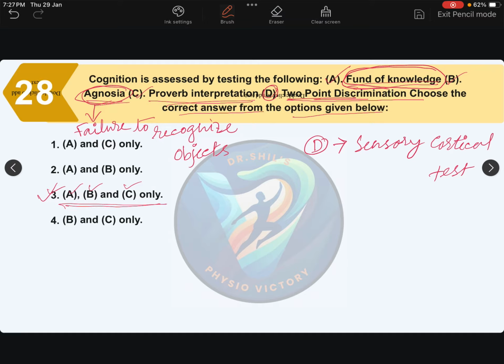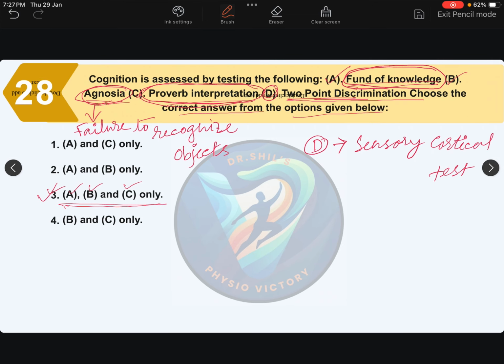And proverb interpretation is abstract thinking, which involves the frontal lobe. It's also included in cognition.